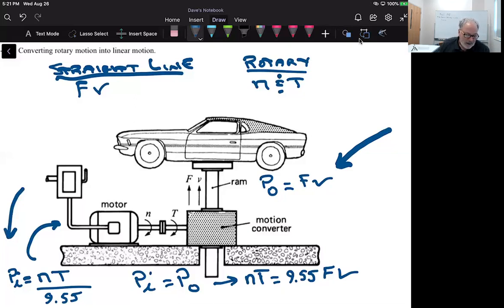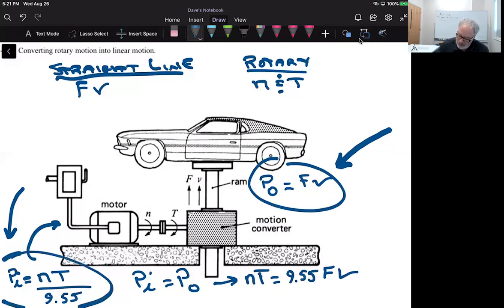If we can say that's the case, we've got this for the vertical and this for our rotary motor. So he says, why don't we just say that the power in from the motor is equal to the power out on the vertical ram.